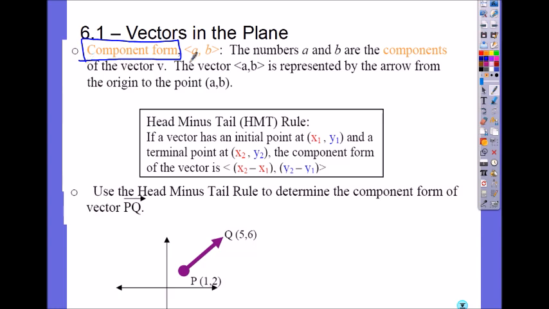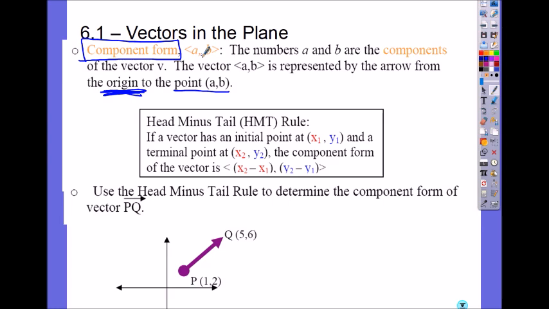So for component form, we change the parentheses to carets, triangular brackets. And what it means is it starts from always the origin to the point A, comma B. That's a component form of A, comma B. Again, it always goes from 0, 0 to these 2 points.